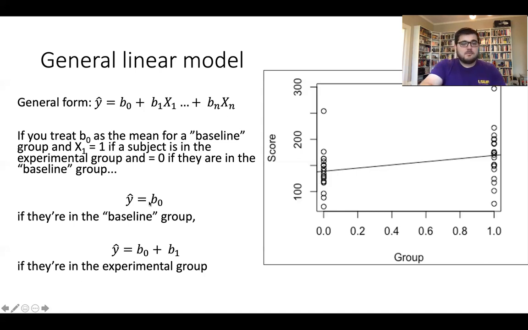And if you work through the math with the dummy coding, you get my predicted Y hat is just the intercept when X equals 0, 0 for control group. And the math works out to my predicted score, Y hat, equals the intercept, that's right here, plus 1 times the regression coefficient, B1.